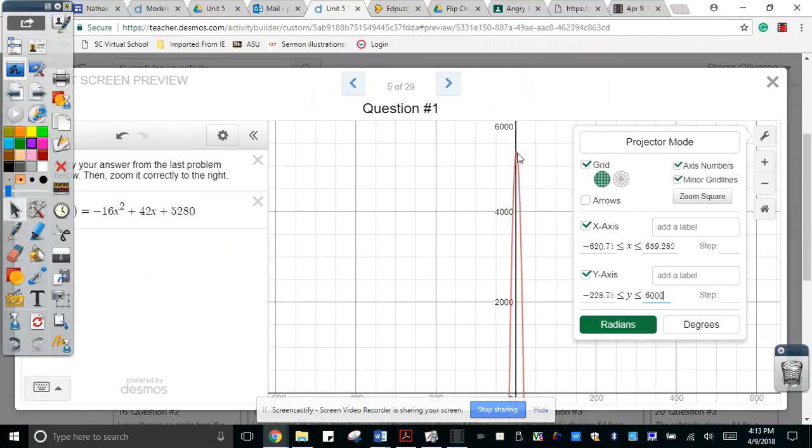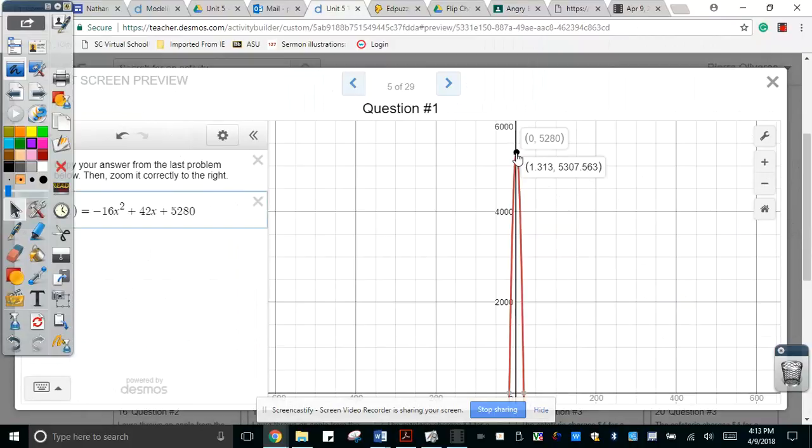I can see the maximum height here, and it is 1.3, 5307. So I need to write that down. What's the meaning of that?